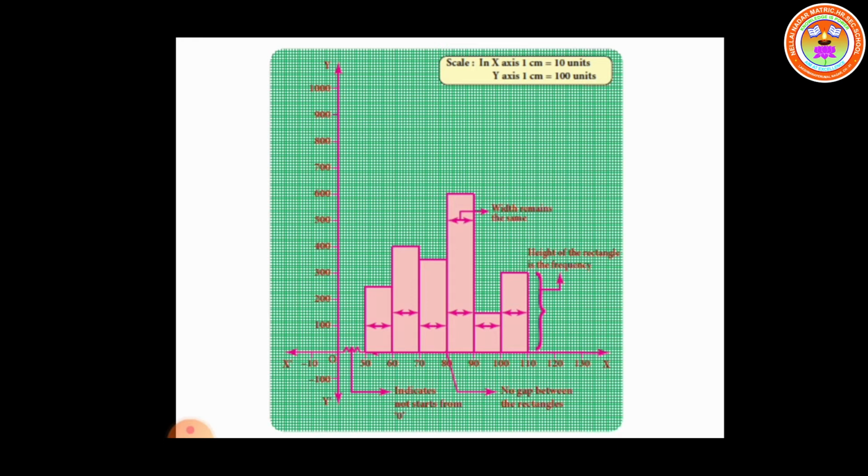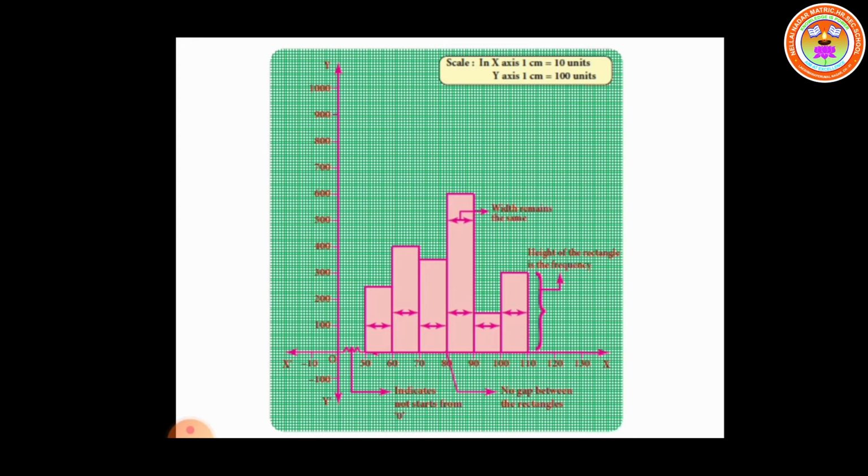On the x-axis, they have given class intervals 50 to 60, 60 to 70, 70 to 80, 80 to 90, 90 to 100, 100 to 110. They are continuous. Then on the y-axis they have given frequencies 100, 200, 300, 400, 500, 600, 700, 800, 900 and 1000.